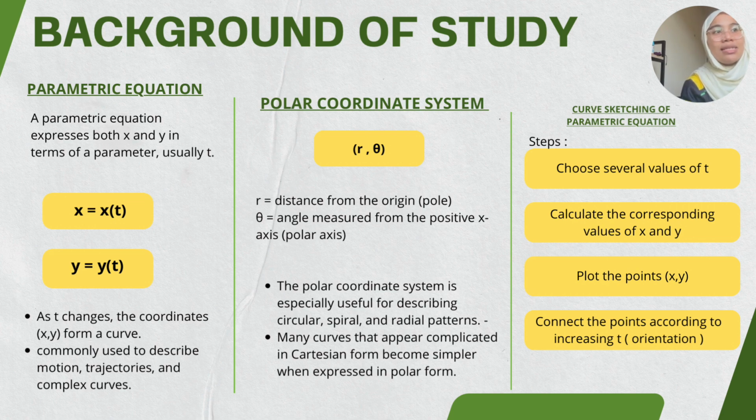Next is curve sketching for parametric equations. There are 4 steps: first, choose several values of t; calculate the corresponding values of x and y; plot the points x and y; and lastly, connect the points according to the increasing t orientation.